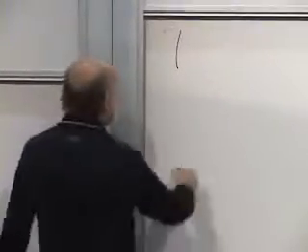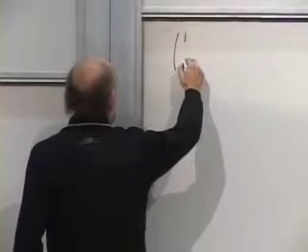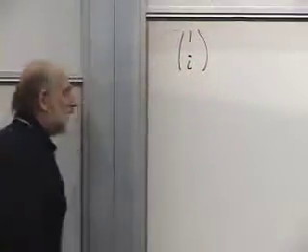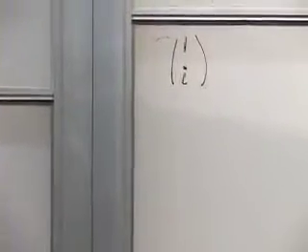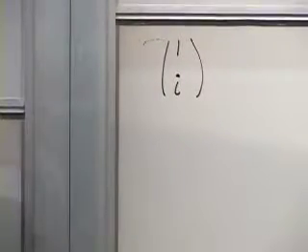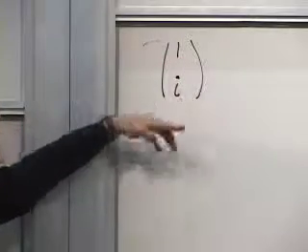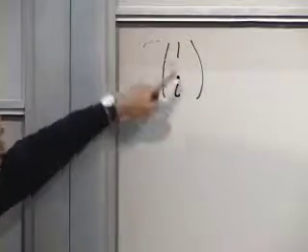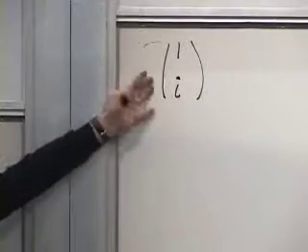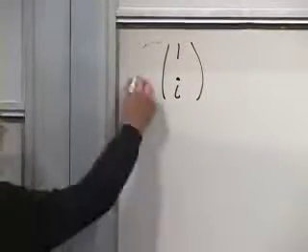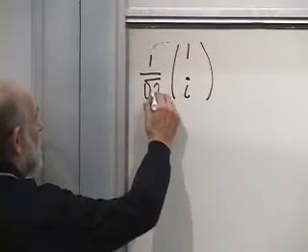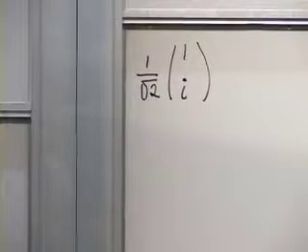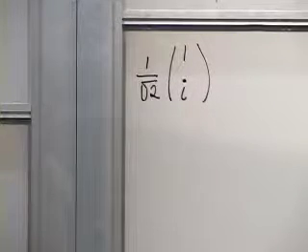For example, here's a state vector with a complex number in it, 1, i. Is that normalized? No, it's not normalized. Remember what we have to do: multiply each component by its complex conjugate and add them to find the normalization. 1 squared is 1. i times minus i is also 1. We need a 1 over square root of 2 here. This is a perfectly good normalized state vector in quantum mechanics.